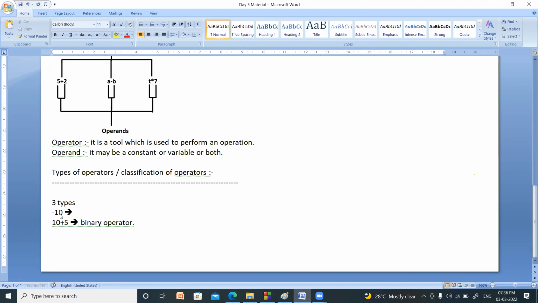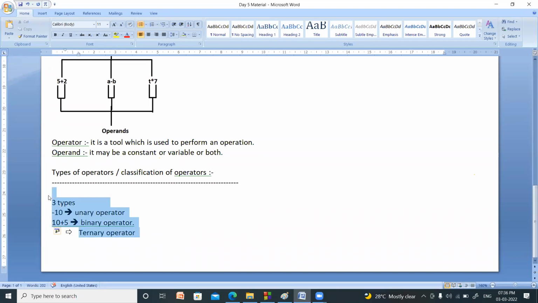The minus operator works on how many operands? Only a single operand. Then it is called a unary operator. If any operator works on more than 2 operands, it is called a ternary operator. So based on the number of operands used in an expression, we can divide the operators into unary, binary, and ternary.